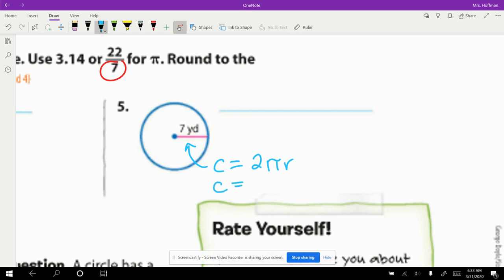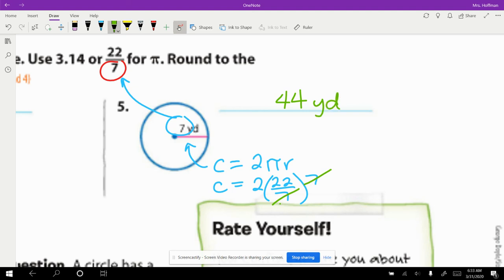This time, however, 7 is compatible with the denominator of my other fraction, so I'm going to use 22 over 7 this time. 2 times 22 over 7 times 7, and this is going to do something really cool. The 7's cross cancel, and it's just 2 times 22, so I've got 44 yards, and that's it.